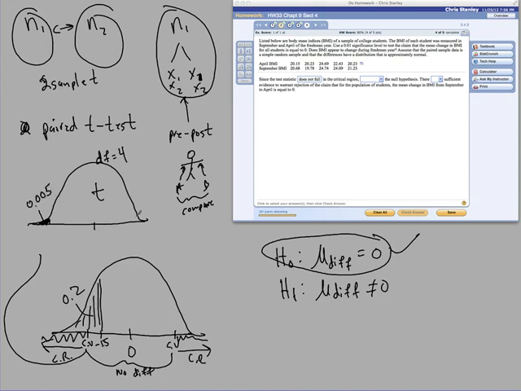And the reason why is because it's two-sided. You have to cut 1% in half. Now, you've done this a long time ago, so whatever this number is, this negative 1.5 will be larger than it. We failed to reject. There is not sufficient evidence.